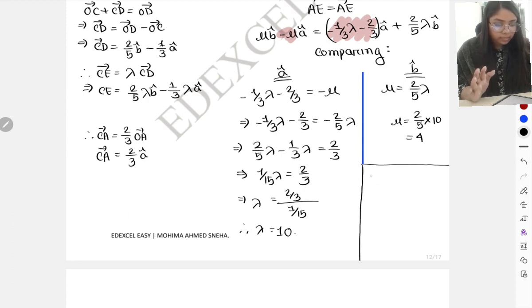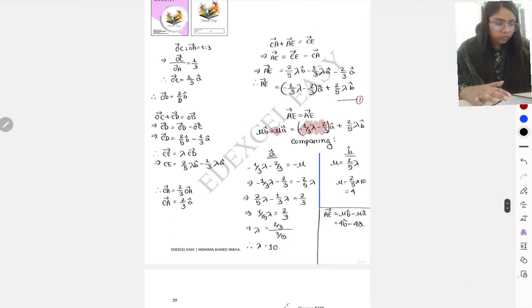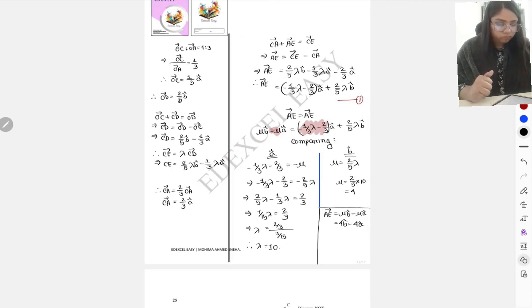For the exact last part, AE would be mu B minus mu A, where mu was 4, so 4B minus 4A. So this is the final part, and I'll just separate the sections over here by drawing a straight line. Okay, that's it.